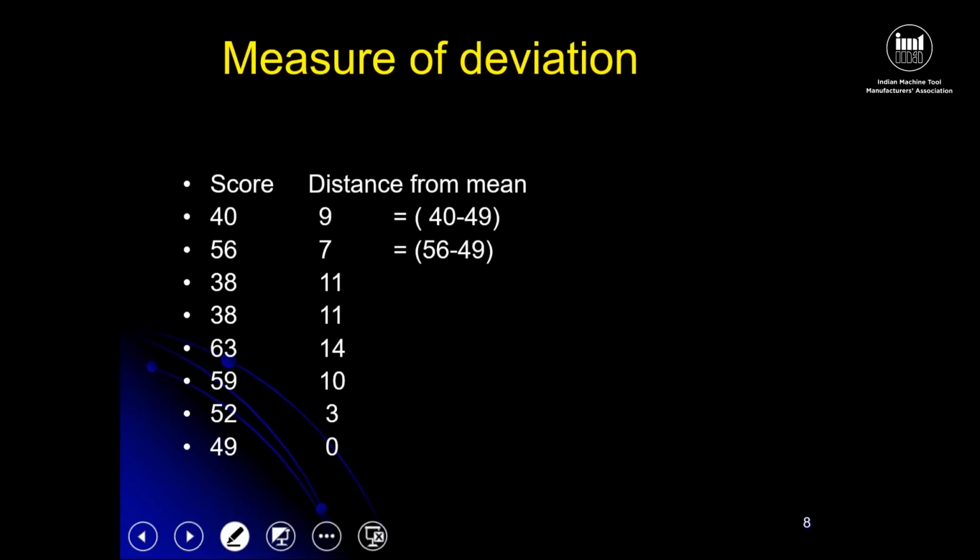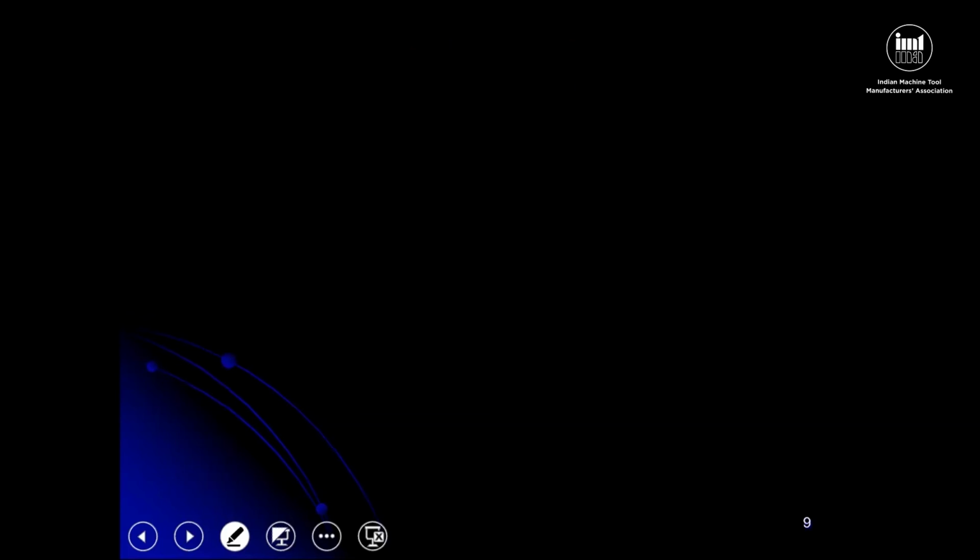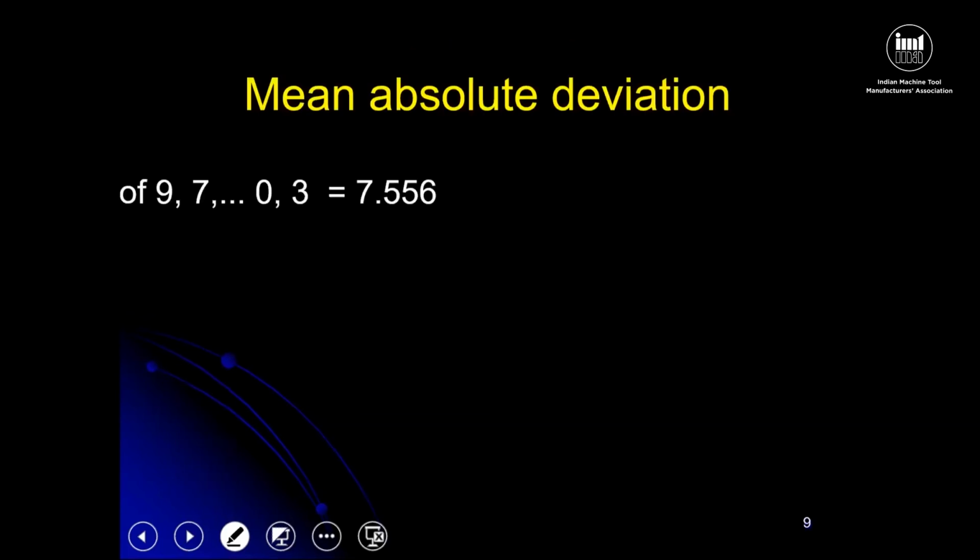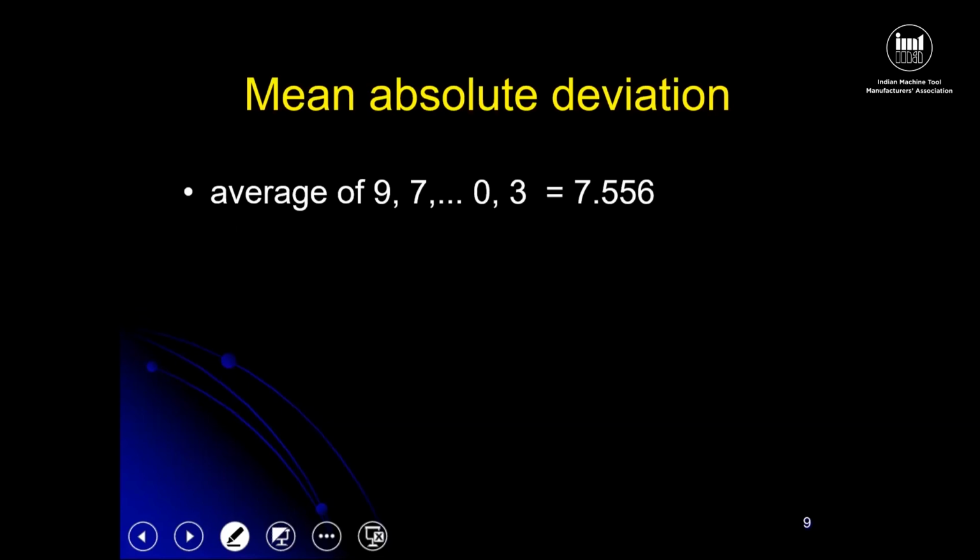And then we say, okay, fine. So this is the distance. Maybe what we can do is take the average of these numbers, and that happens to be around 7.56, or rounded up to 8.